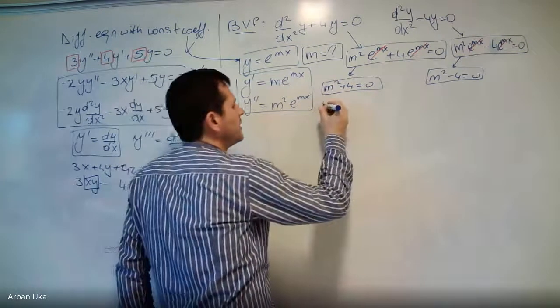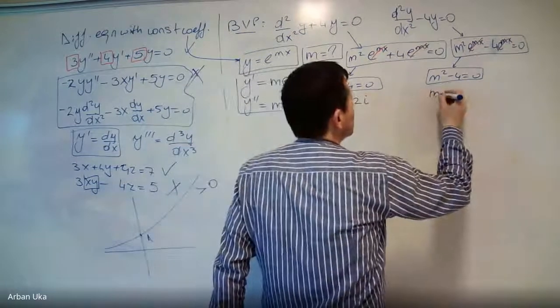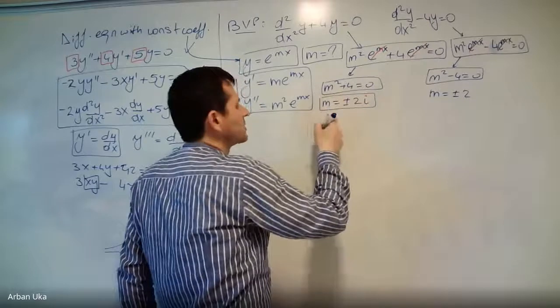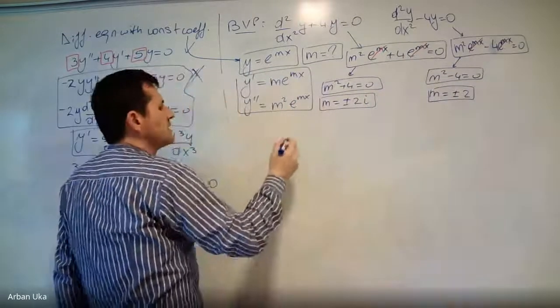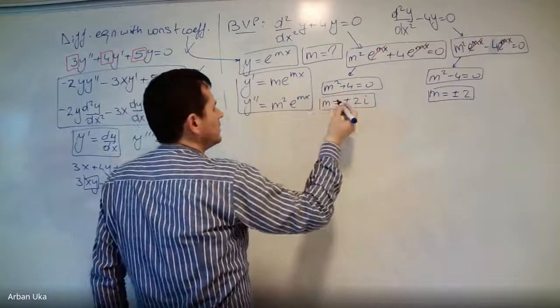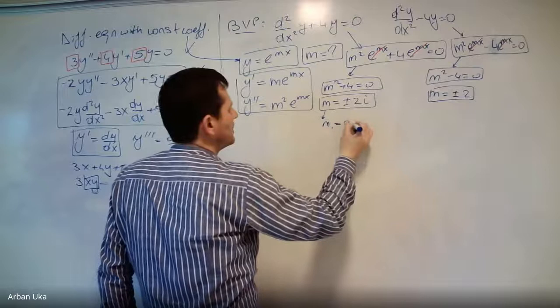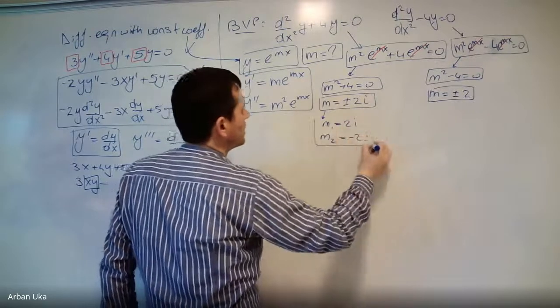And then here we find that m is equal to plus minus 2i, and here m is equal to plus minus 2. So here we have complex roots, here we have real roots. That means that maybe it's better if we write it like this. In here we have m1 is equal to 2i, m2 is equal to minus 2i.